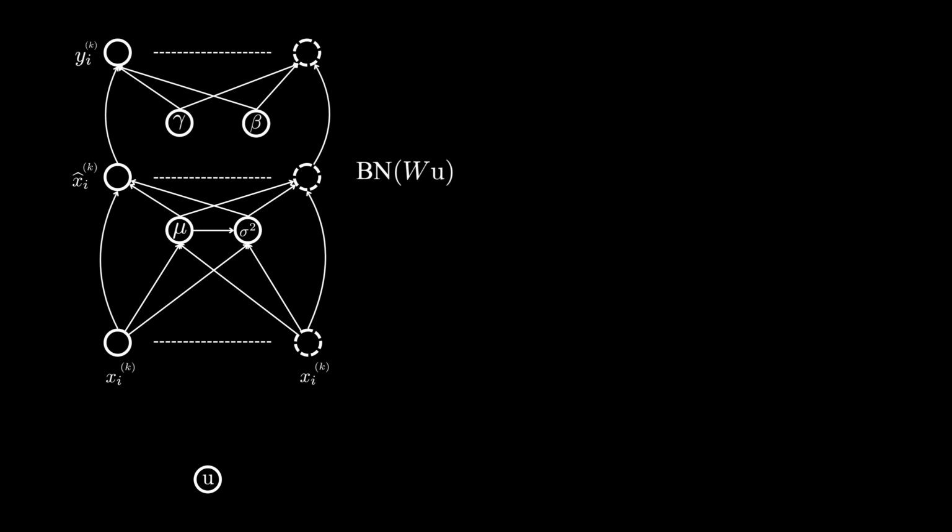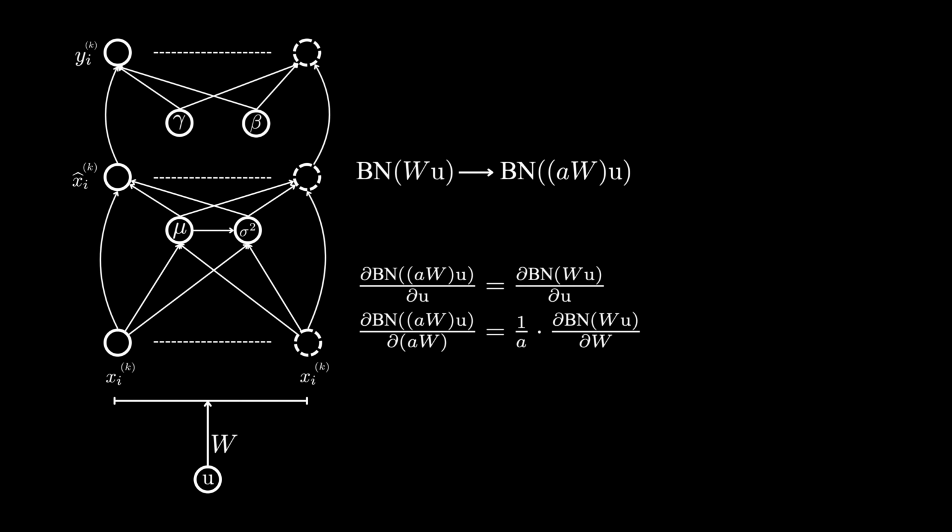So in the illustration that we were working with earlier, the xi's are computed by multiplying U with weights W. Even if the scale of weights changes to A times what it was before, the gradients do not undergo an increase. In fact, for the parameters, the larger scale leads to smaller gradients, ensuring that even with a higher learning rate, training remains stable with batch norm.